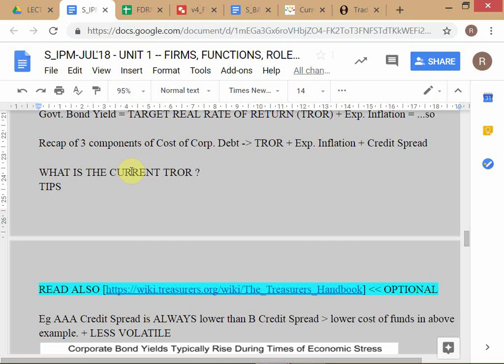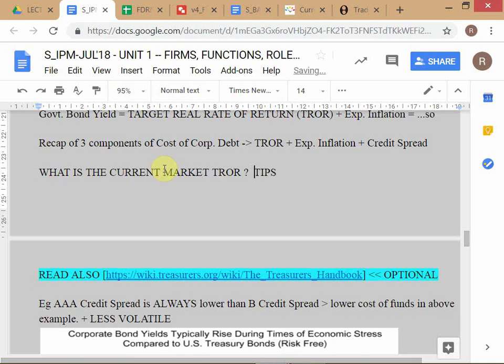As I said, on an individual investor level, that's a subjective exercise. You have to figure out what you want for yourself. But there is a way in the developed capital markets to figure out the market's expectation of the TROR, which we can call the market TROR. The answer lies in the TIPS yield.